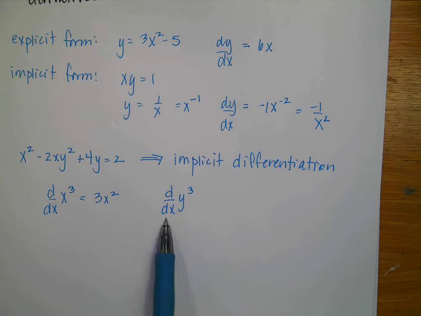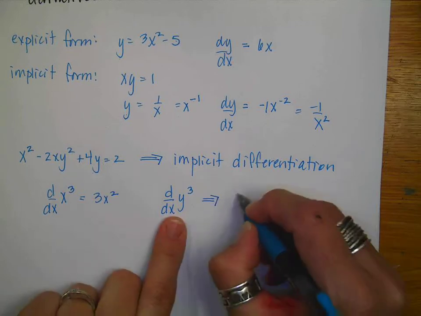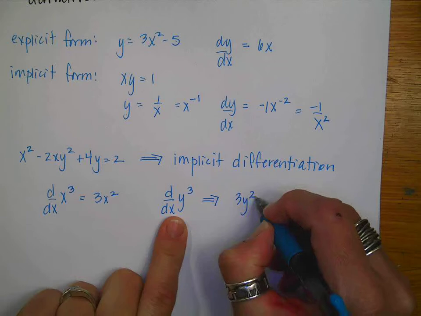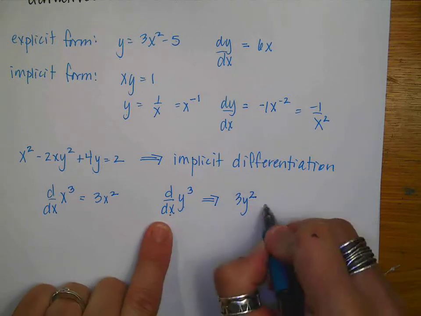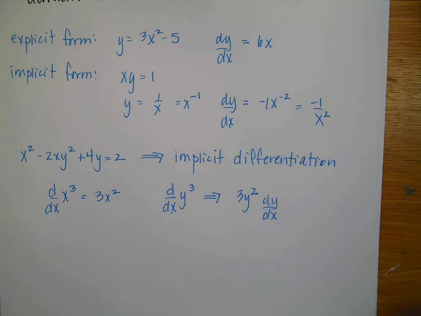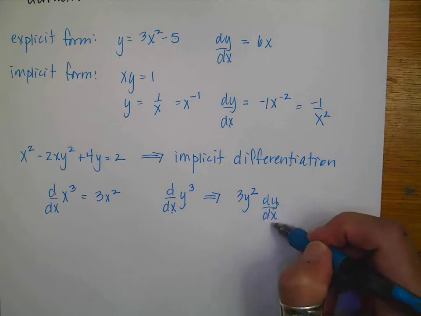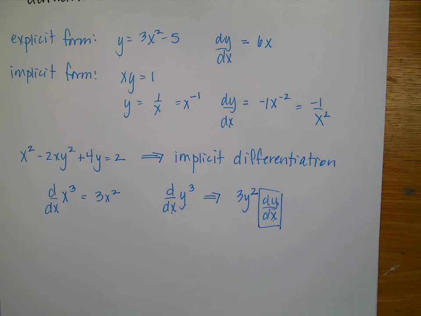Well, the variables don't match. So then what happens when I take the derivative is I still take the derivative. This would be 3y squared. But because I was taking the derivative with respect to x, then that would generate a dy dx. And the derivative of y with respect to x, and then I would have to solve for dy dx.